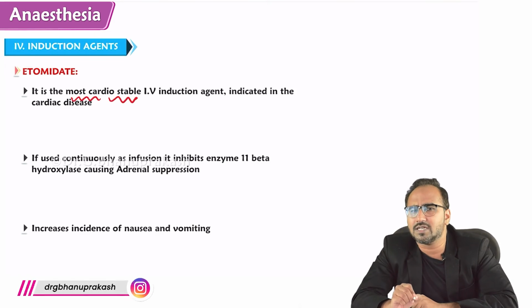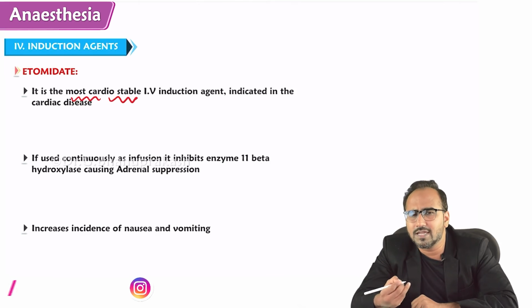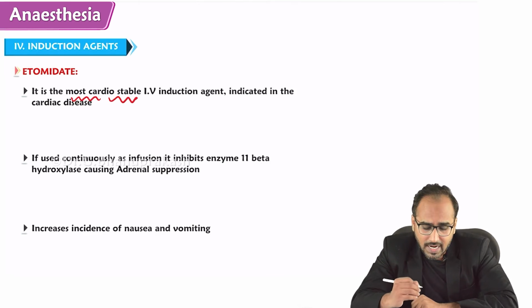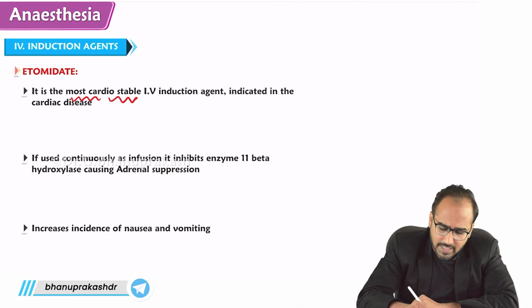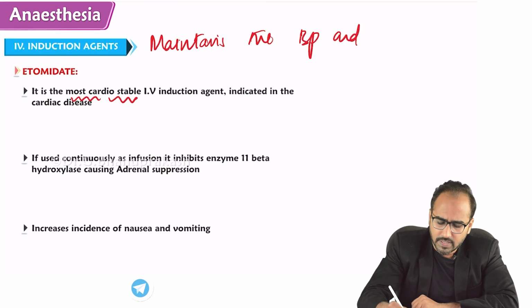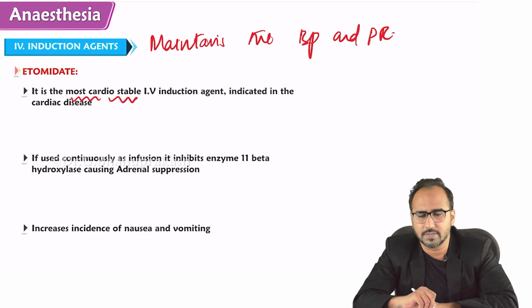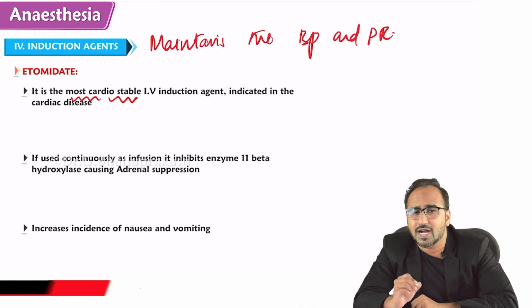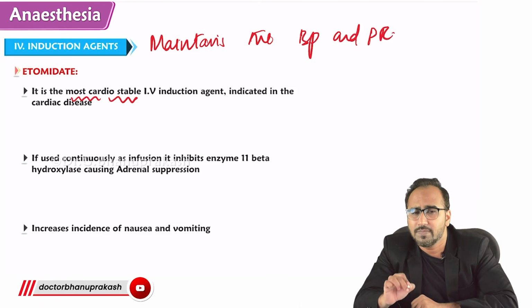Any agent that does not cause any problem to the BP and pulse rate, neither increasing nor decreasing them. Cardio-stable means an agent that maintains the BP and pulse rate. Etomidate is the most cardio-stable IV induction agent, because it maintains the BP and pulse rate.